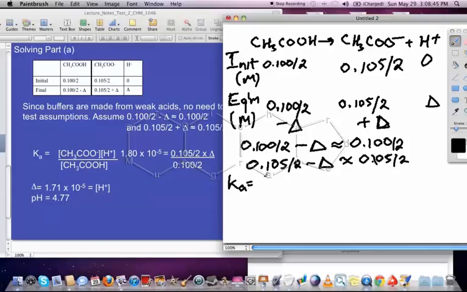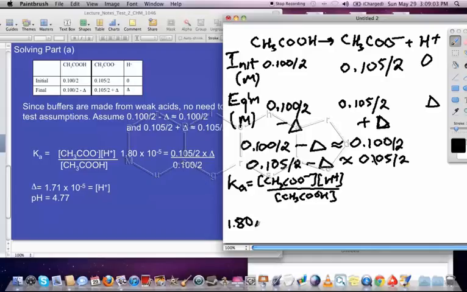The Ka value is going to be the concentration of CH3COO minus, times the concentration of H plus, over CH3COOH. Now I can sub all my values in.